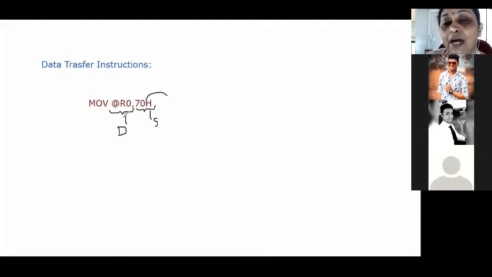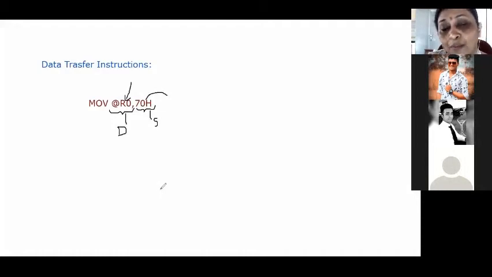The meaning of @R0 is that the destination is a memory location whose address is stored in the R0 register. So where is the address stored? The address is stored in the R0 register.